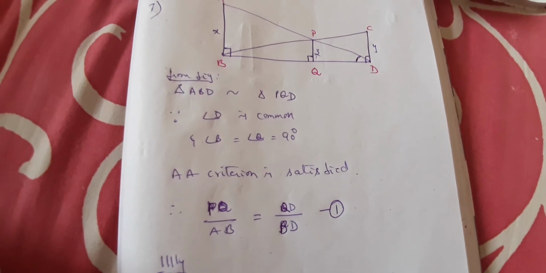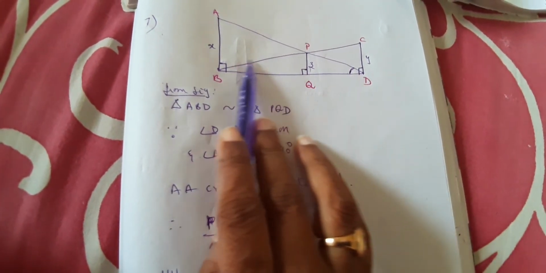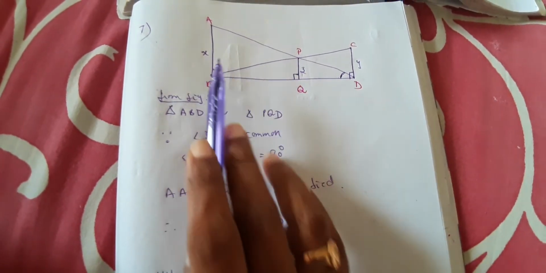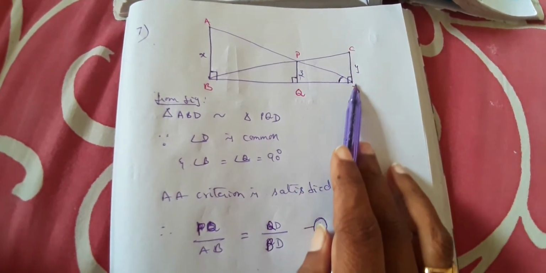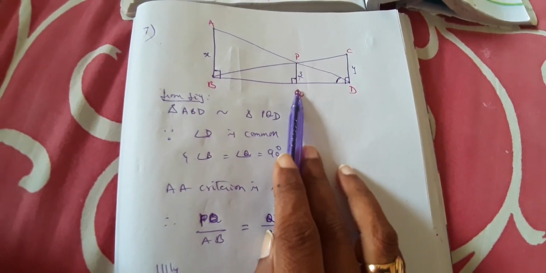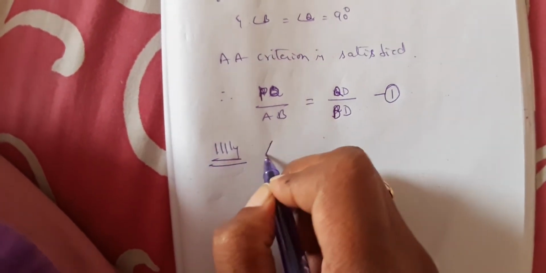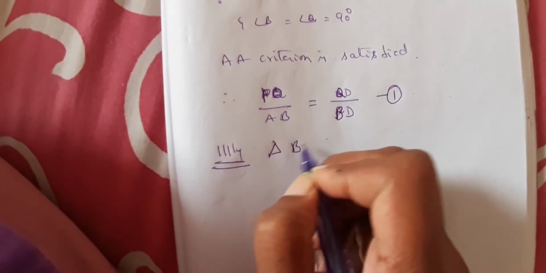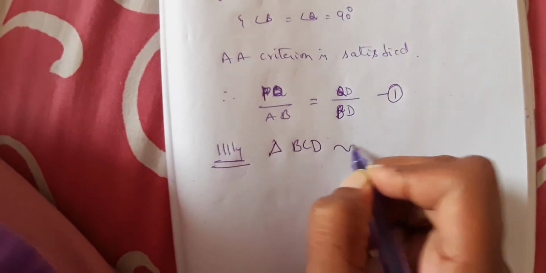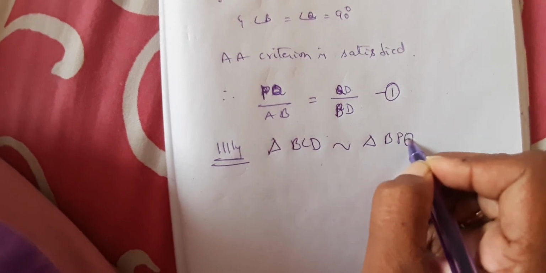Similarly, if you observe, these two triangles are again similar. That is, triangle BCD is similar to triangle BPQ. So I am going to write the same thing here. Why?